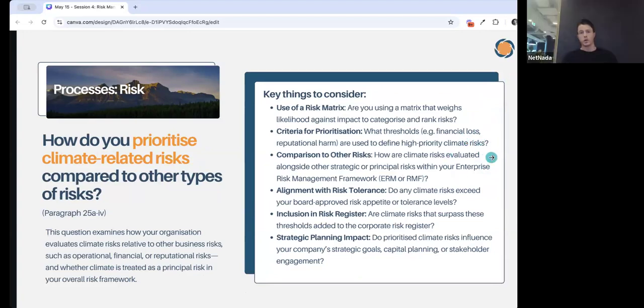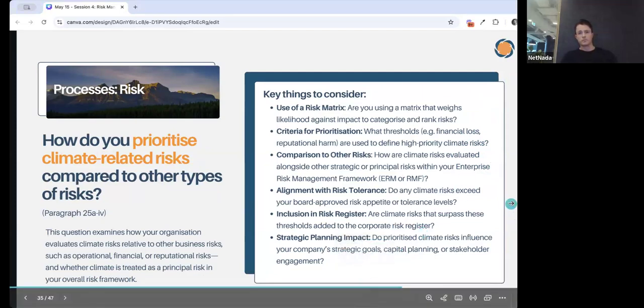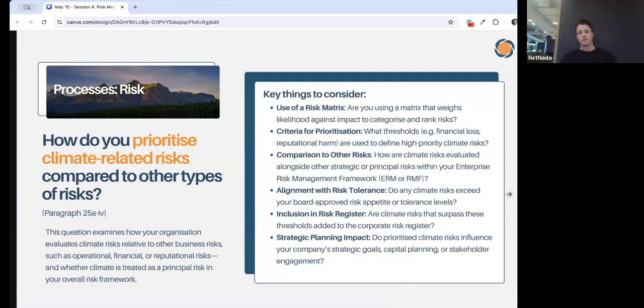Oh, awesome. Sorry. So following on from that and on this slide, we're using our risk matrix. We already know that, and we've hammered that through in this session. We want to have clear criteria and understand how we're going to set up our prioritization. We want to be able to compare to other risks, and of course, this will help us frame what we deem as material.